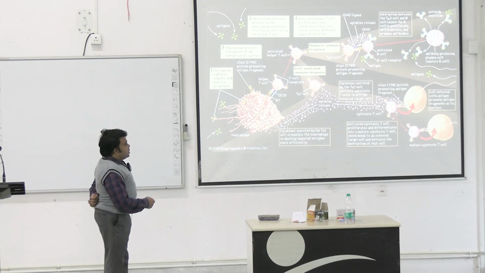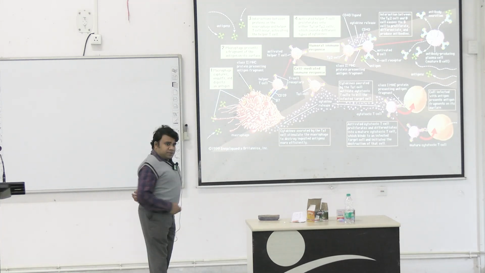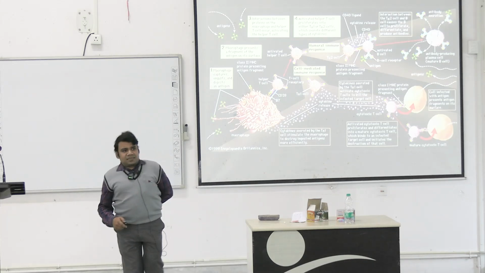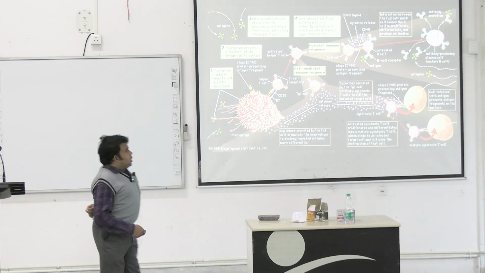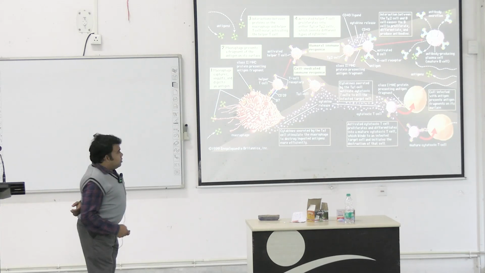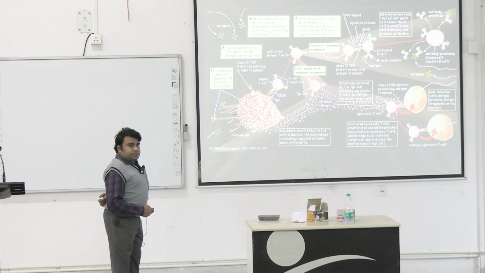And the macrophage will then signal via many receptors. One of the very important receptors is called the T cell receptor. And within the T cells, we will have T helper cells and the cytotoxic cells. Based on the antigen presentation, these cells then lead to activation of the helper T cells.